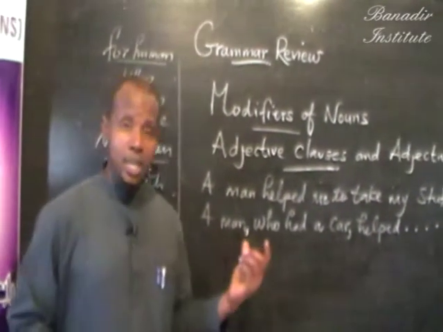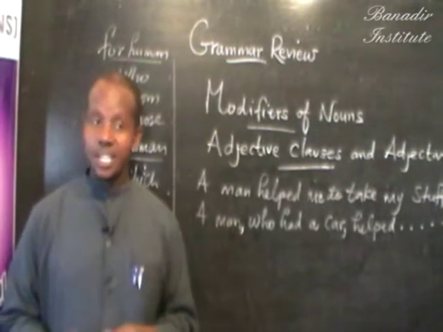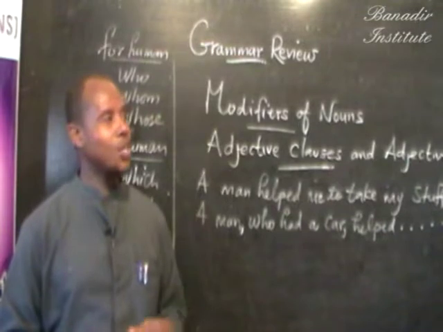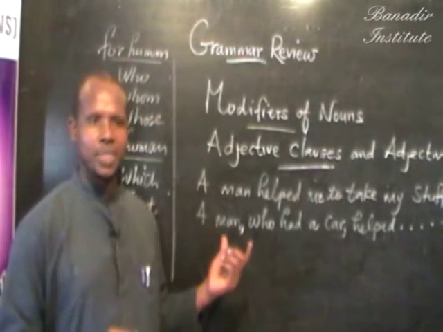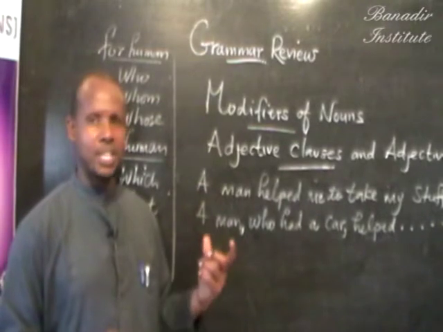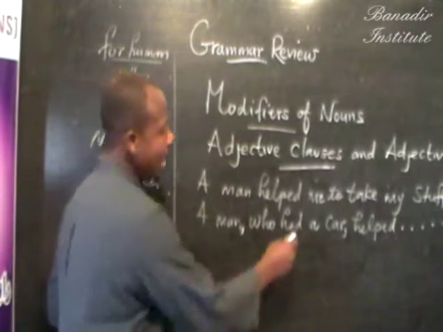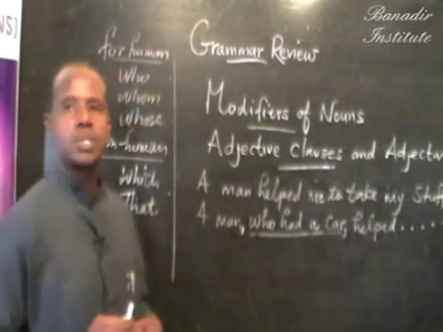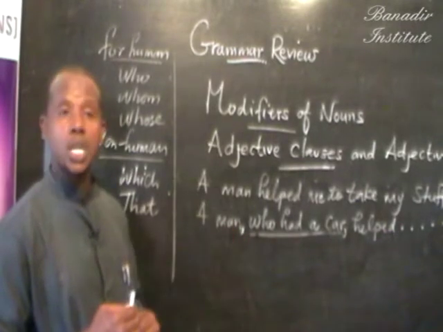So the man who helped me had a car. If he didn't have a car, he couldn't have helped me. So this is a particular man, specific. A man who had a car helped me to take my stuff. So who had a car is an adjective clause.